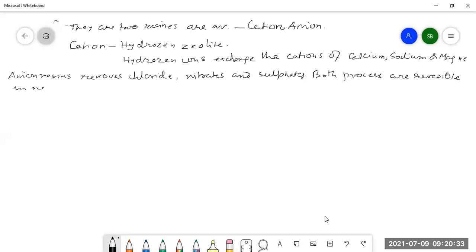And the resins are returned to their original form through the regeneration process.